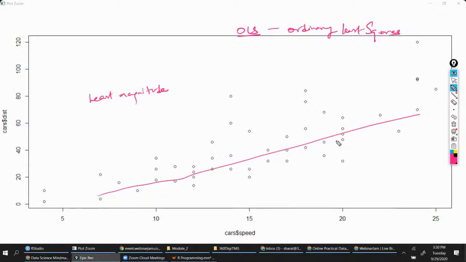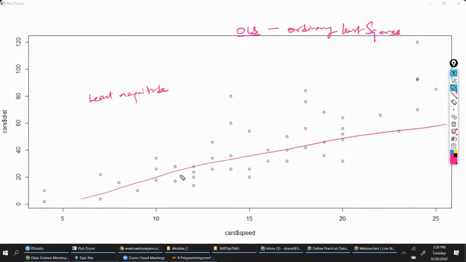That means this line is passing through the data in such a way that it is as close as possible to each and every data point. So how do we measure that? So we take, let's say, one line. I'll draw a line. This is one line. From this line, we measure the deviation of each data point, the original data point that we have, right?